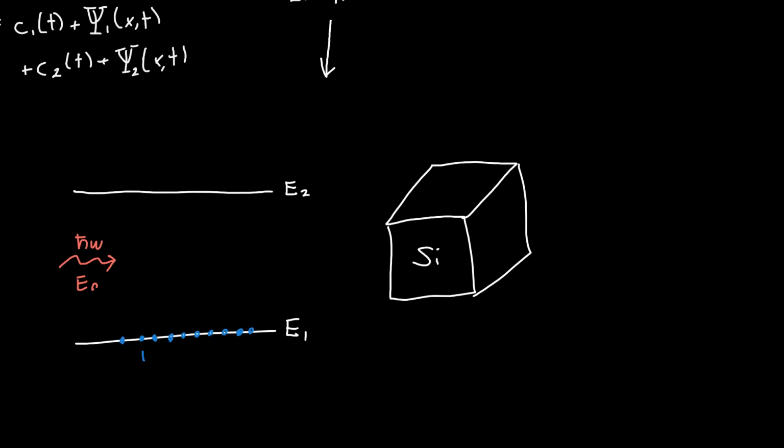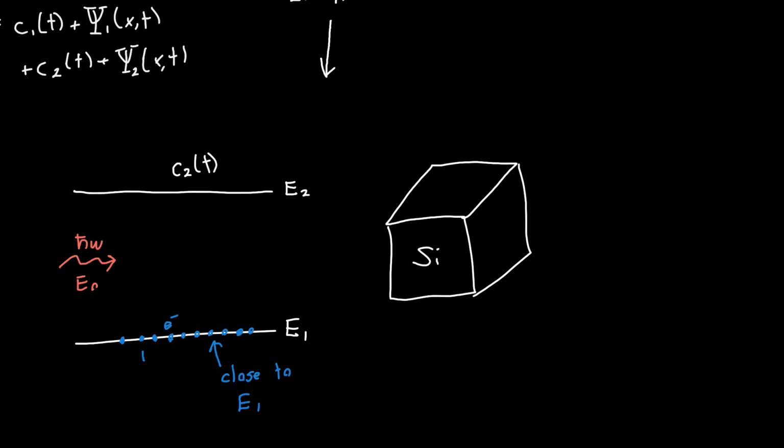And let's say somehow they're all able to occupy this energy level E1, or they're at least able to occupy energy levels very close to E1. So we've got a bunch of electrons close to E1. And we have the coefficient C2 as a function of time.